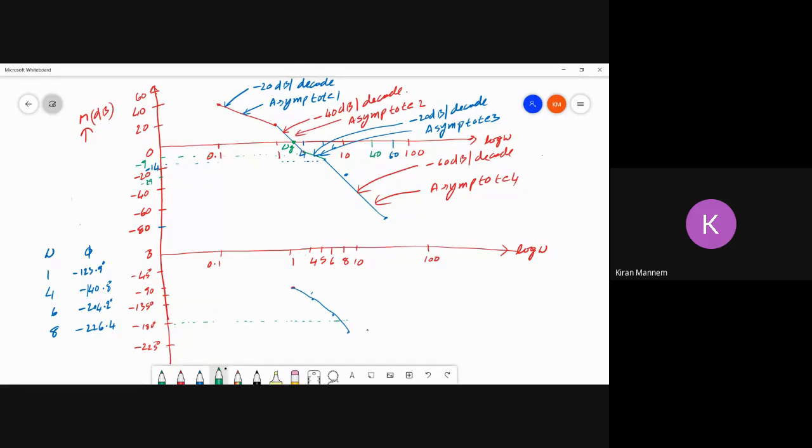And this would be omega p. Crossover frequency means we should project it on the x-axis, right? Since it is on the 0 dB line, it is somewhere 1, 2, 3, something like omega g. We'll see that.